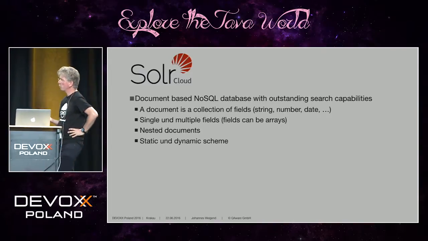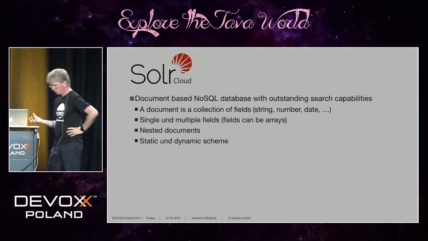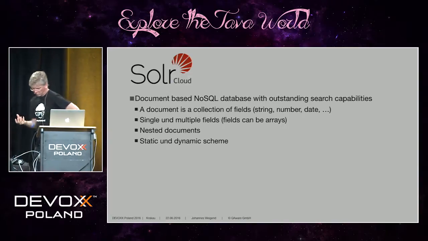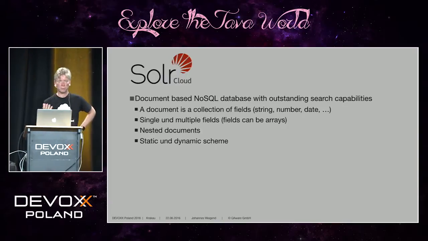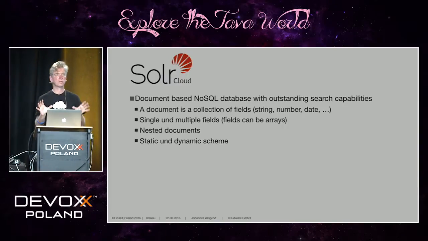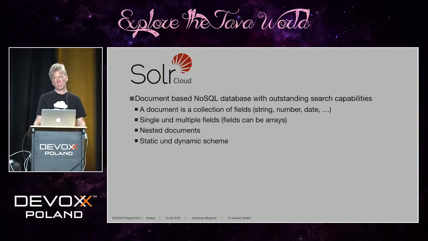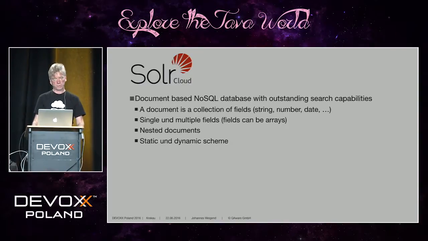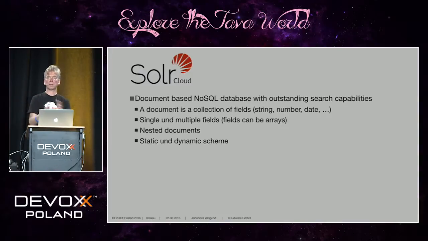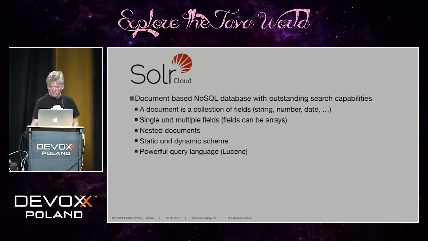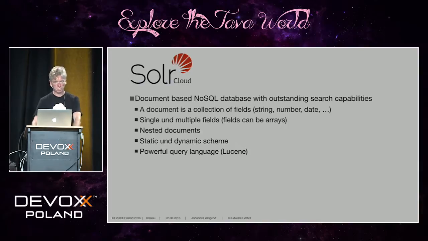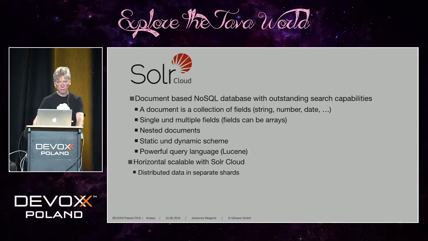And other than Elasticsearch, Solr has a static schema. You can use a dynamic schema, but most applications I've written with Solr use a static schema like a database schema in a relational database. You have a powerful query language, and the main thing here is it scales.